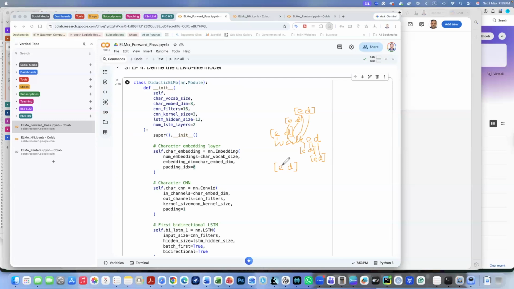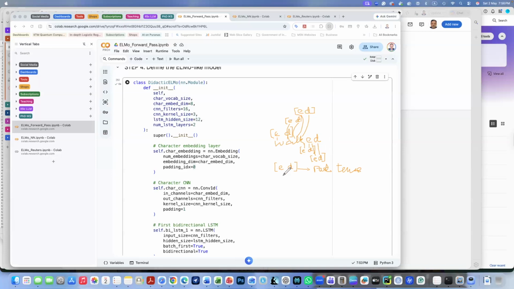It says that ED is present, and this filter is for finding past tense. If I find that ED is present in the word I am convolving on, then I know that this particular word is in the past tense.